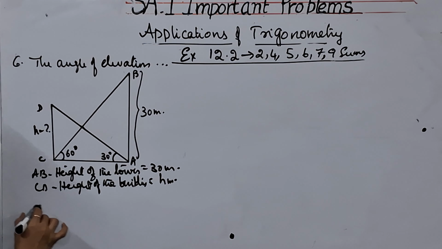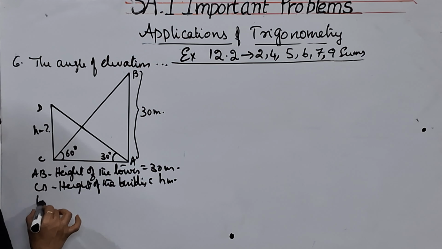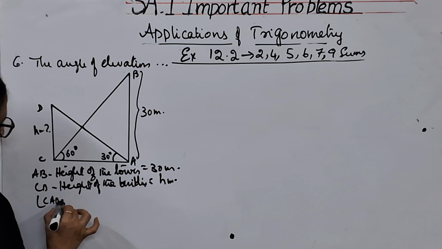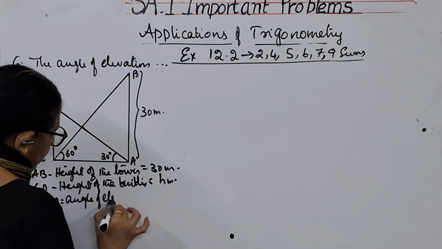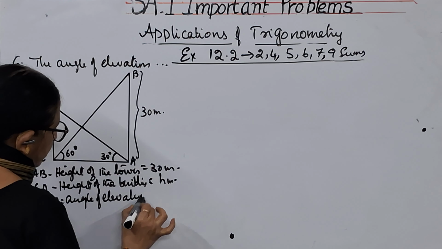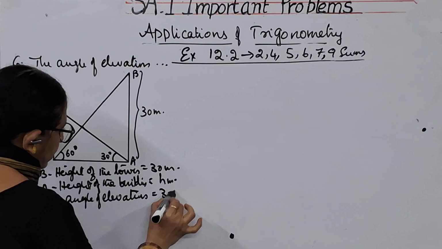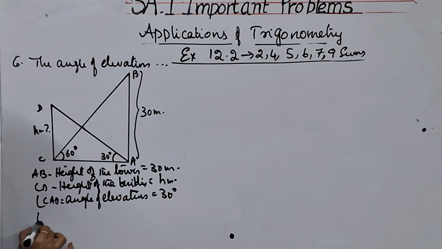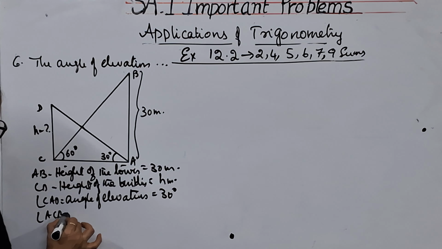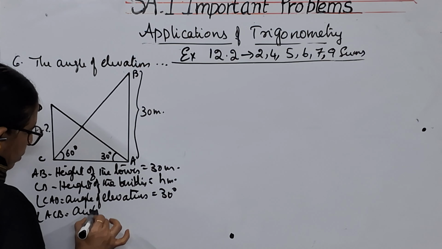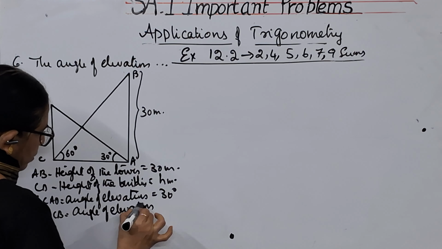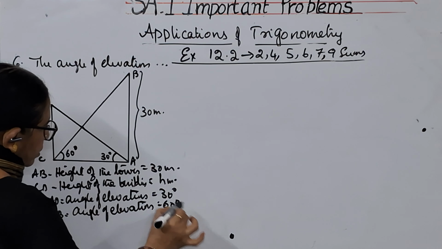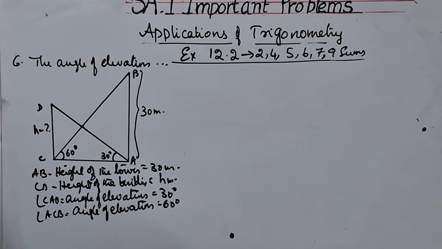So angle CAD is the angle of elevation, equal to 30 degrees, and angle ACB is also an angle of elevation, that is equal to 60 degrees. These are given to us.